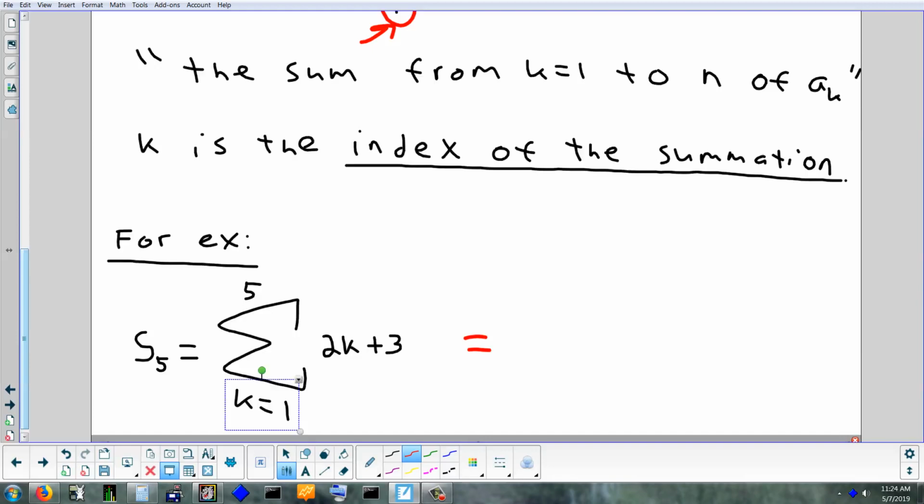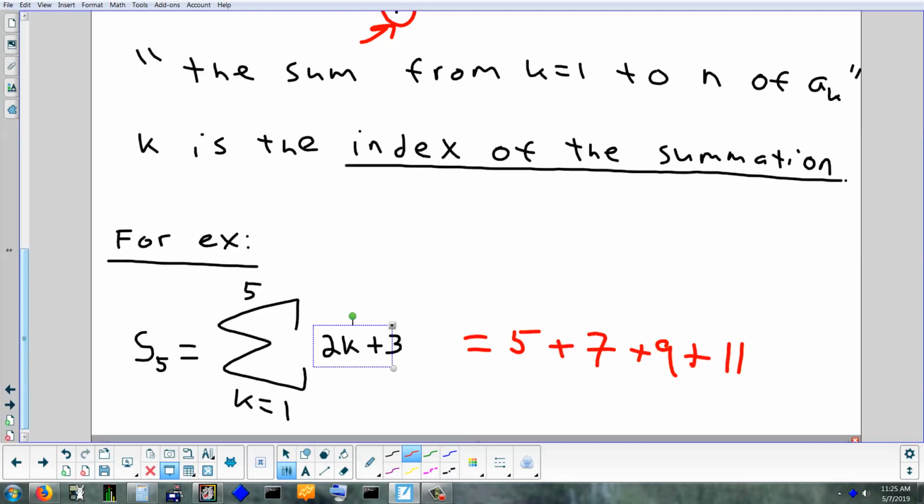So let's start with 1. If you plug in 1 for k, what's your first number? 5. What if you plug in 2 for k? 7. And 3? Yeah, 9. 4?